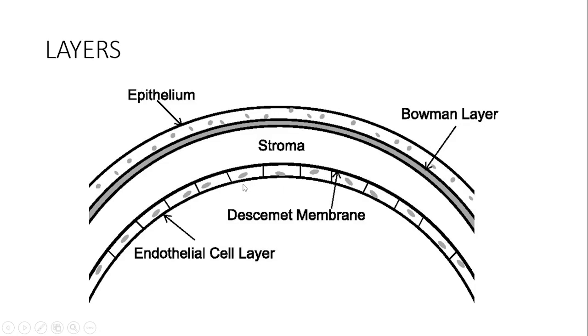If it doesn't have tight junctions to regulate how much water goes into the other layers of the cornea, the whole cornea will be imbibed with a lot of water, it will be edematous, and our vision will be blurred. So the tight junction regulates how much water goes into the other layers of the cornea.